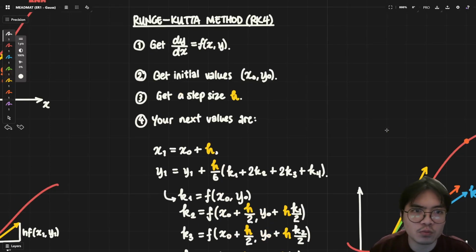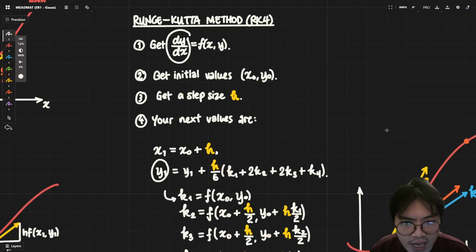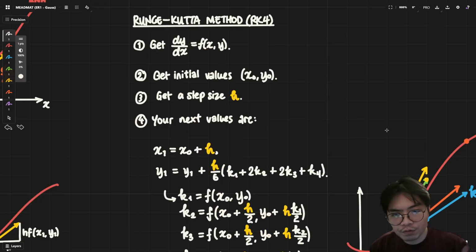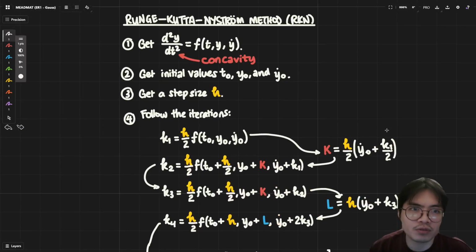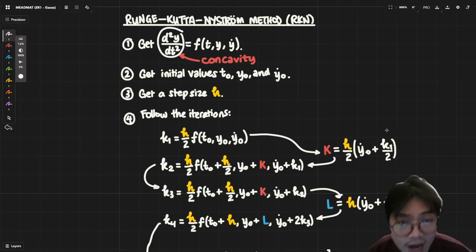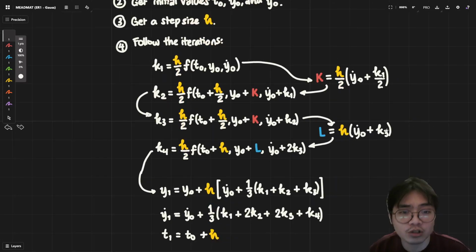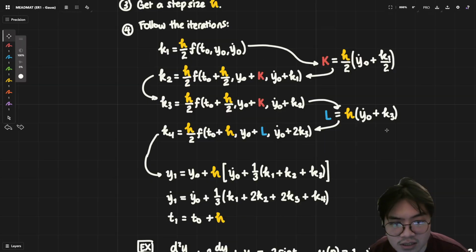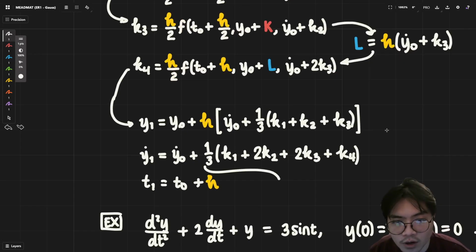Note that in this case, we have dy over dx and then y. That is the relationship, the 1, 2, 2, 1 method. But in this case, it's now d squared y over dt squared. Its relationship now is going to be the next closest derivative. That is where you will find the 1, 2, 2, 1 scheme.